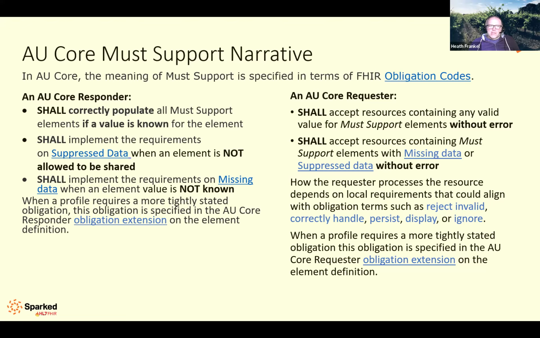And the third one is shall implement the requirements on missing data when an element is not known. So you can see there, Richard, we're basically working around the fact of allowed to be shared not being part of the populate if known scenario by that second dot point having its own requirement.